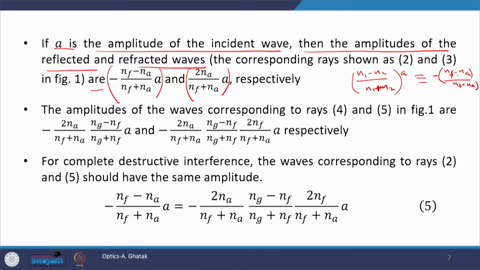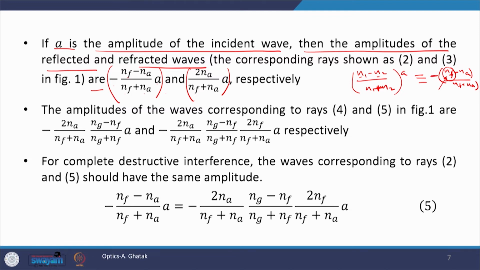If you bring the minus inside the bracket, then it would be Na minus Nf, which is N1 minus N2. But since Nf is larger than Na, we want Na to be subtracted from Nf, and therefore we are writing Nf first and then subtracting Na from Nf. This is why N2 is coming earlier in this formula, because the minus sign is taking care of this change.